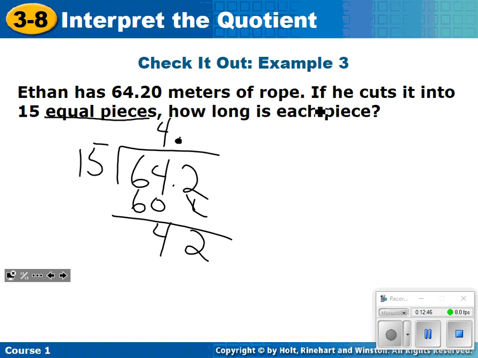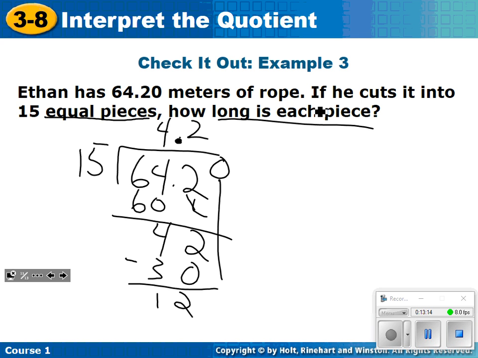It's asking how long is each piece. It's not telling me how many I should buy. It's not the answer. This one is asking for an exact answer. It's asking what is the exact length of each one. So I would have to continue. 15 goes into 42 how many times? 2.